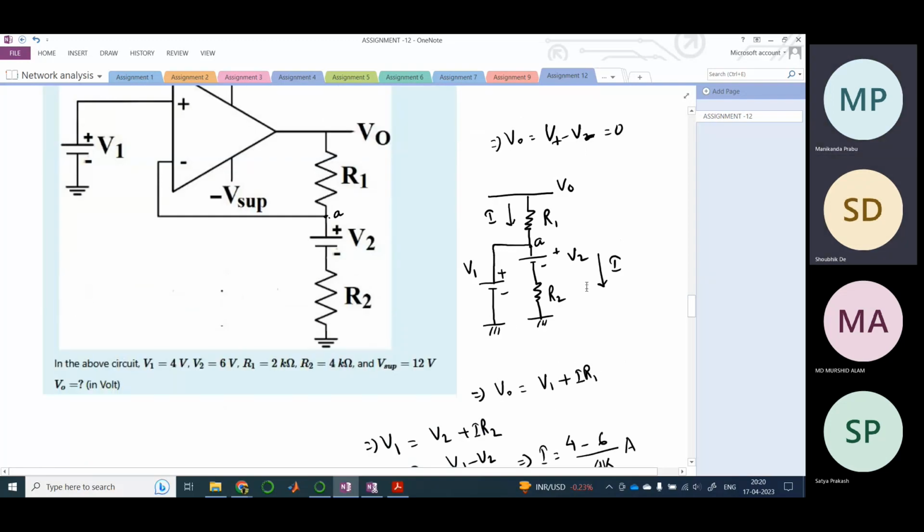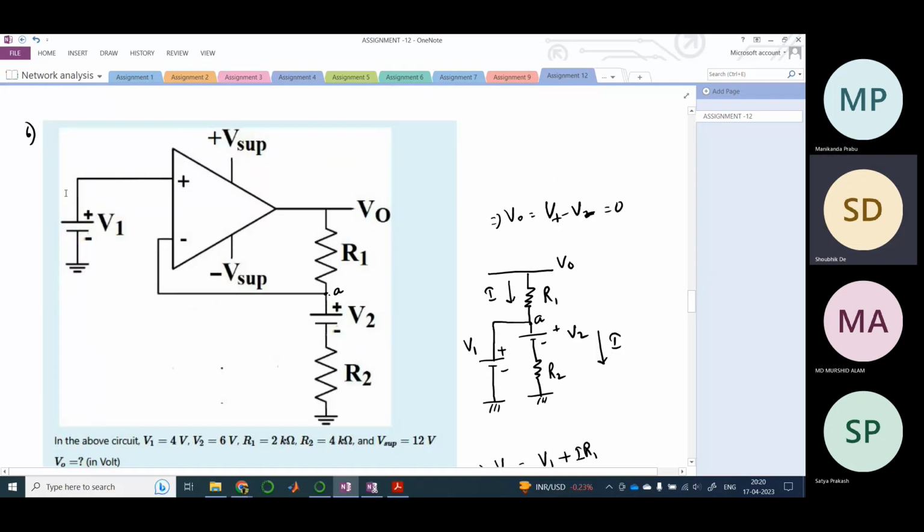Okay. I hope that in this problem you understood why no current is flowing through V1. Because this is an ideal op amp where the potentials at these two terminals are equal, no current would be flowing.